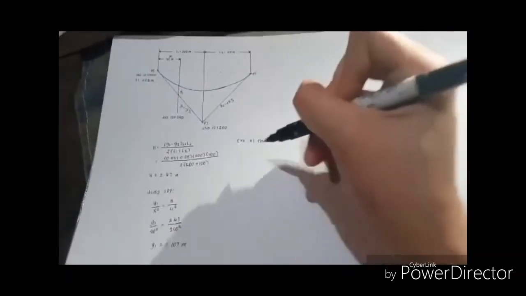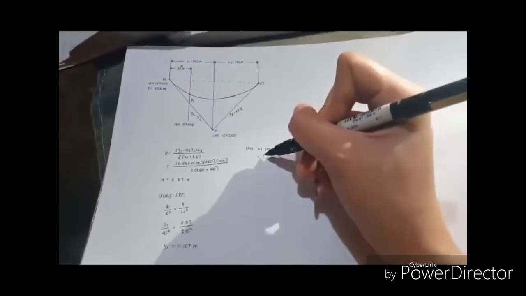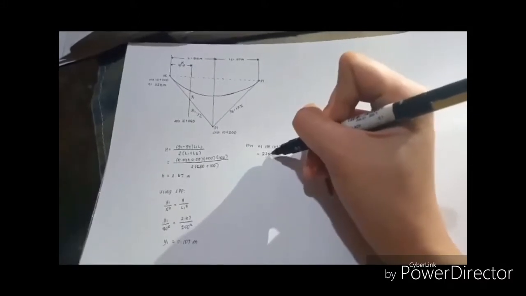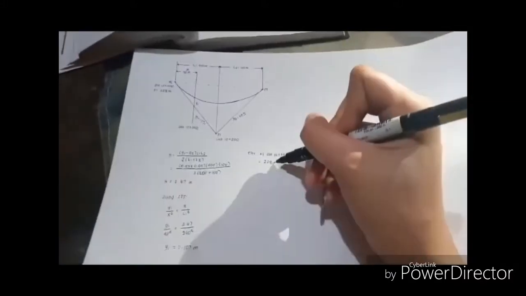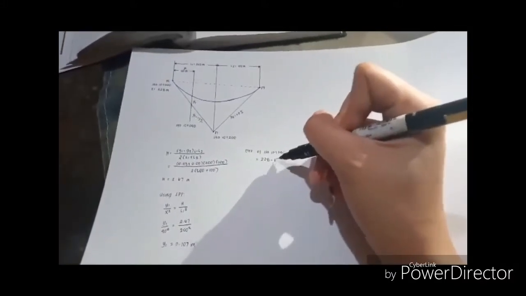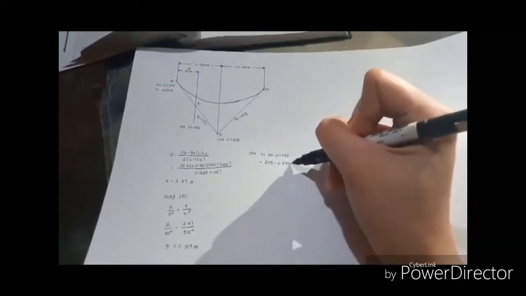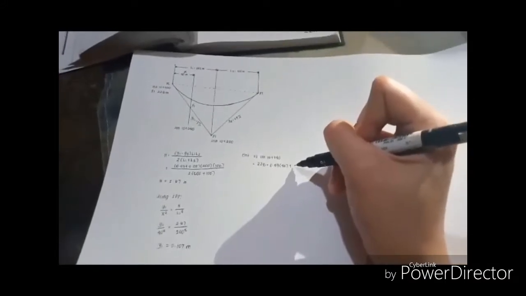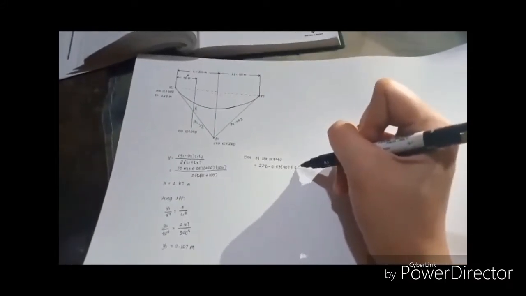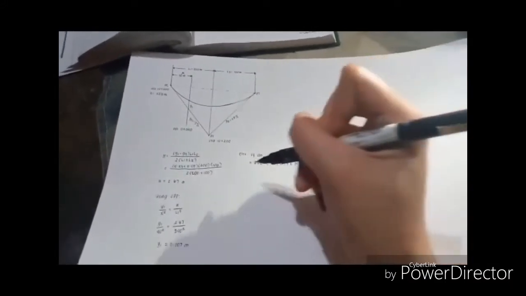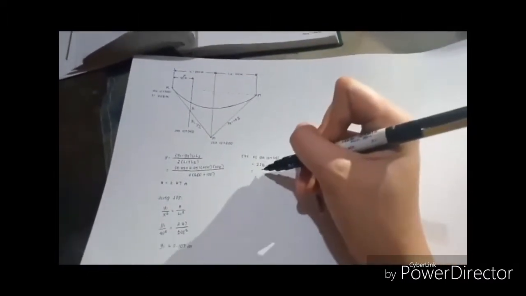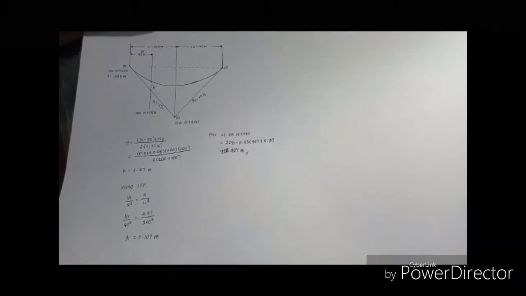So, we will have the elevation of PC, which is 228 meters, minus 0.03 times 40, plus the y sub 1, which is 0.107 meters. So, the elevation of station 10 plus 040 is 226.907 meters.